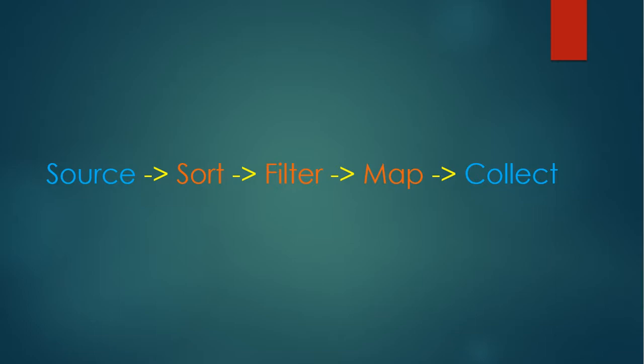Let me put it this way. Sort will give you a stream as output, and that will be input for filter, which gives a stream that will be input for map, which gives a stream that will be input for collect. Collect is one of the terminal operators, and it allows us to collect in whatever way we want: in a list, in a map, or in a set.